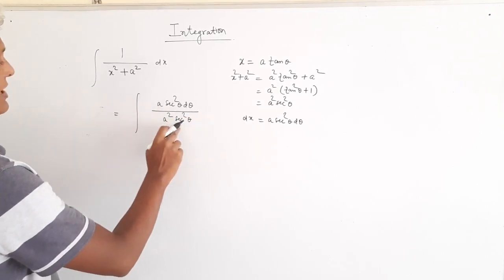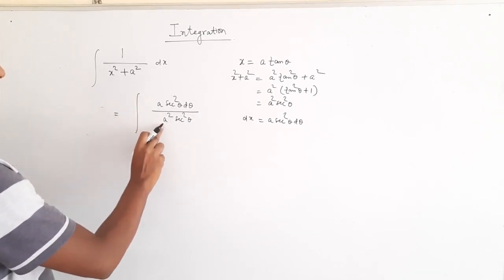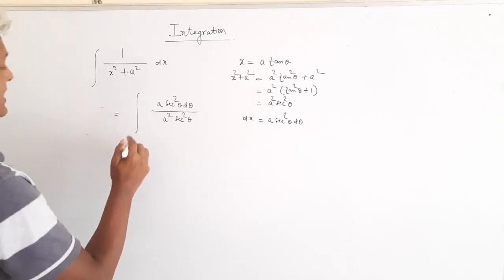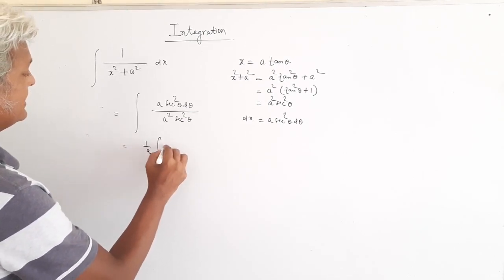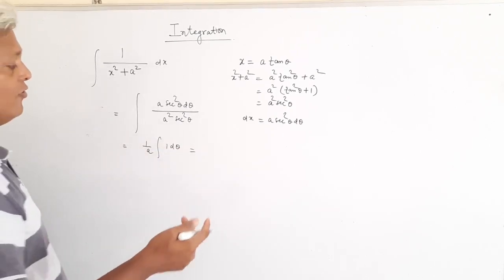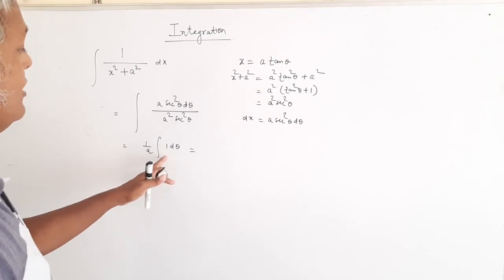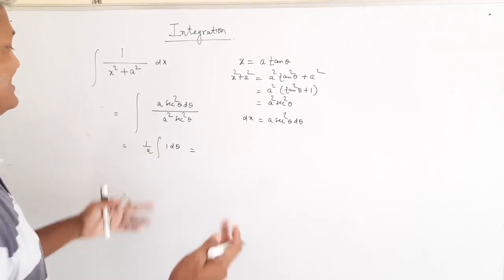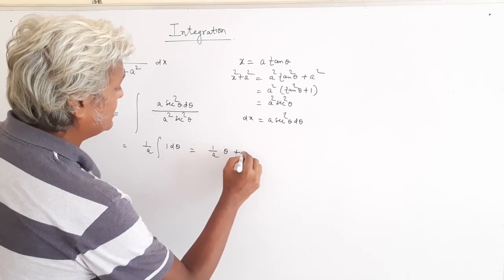Now you see sec square cancels, and the a from the numerator cancels one a from the denominator, and you are left with 1 over a and then 1 d theta. The integration of 1 with respect to theta will be just theta. So you get 1 by a theta plus c.